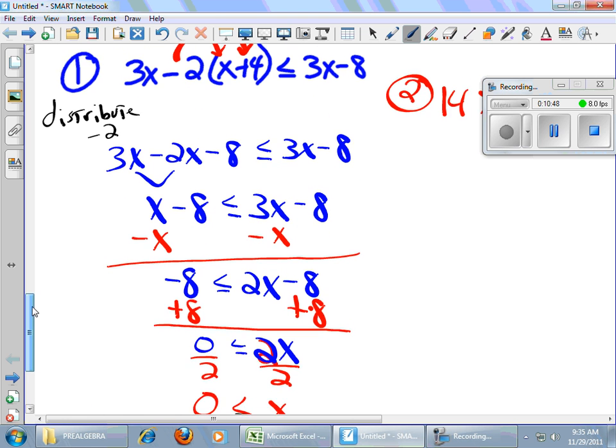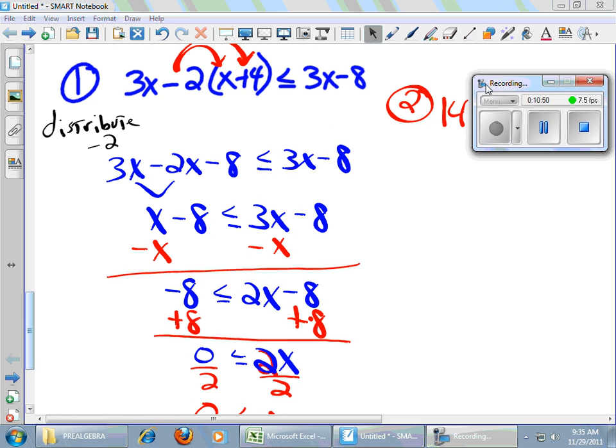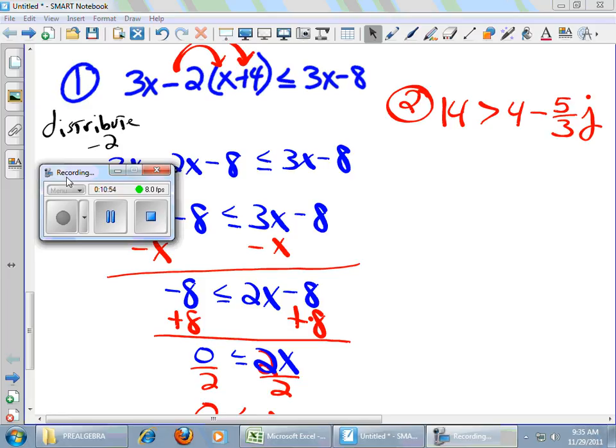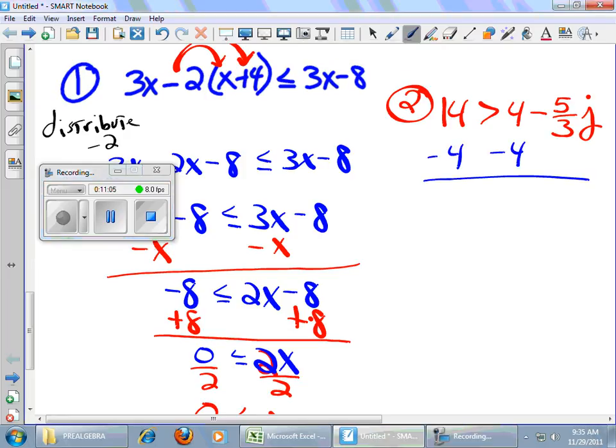Okay. Now I will come over for number 2. Let me move this out of the way. Okay, number 2. It's a multi-step equation, but it looks like a two-step equation. I'll subtract 4 as my first step on both sides. I'll get 10 is greater than, cancel, -5/3 j.